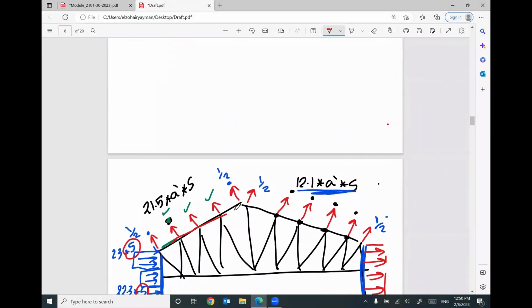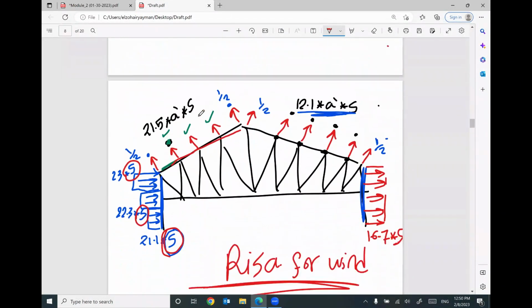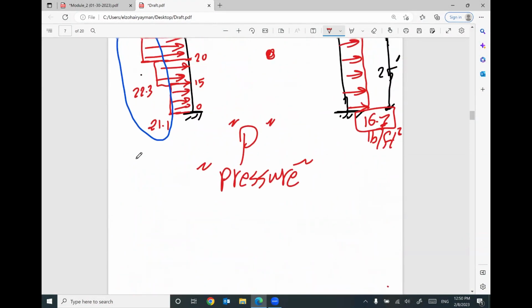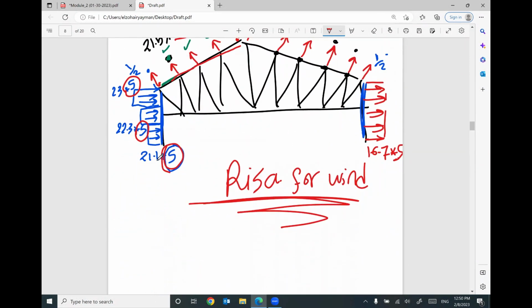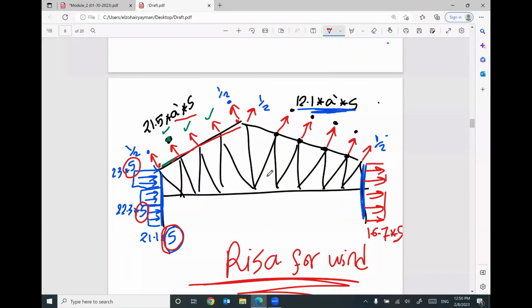For the roof, I will multiply these values by A prime and S. And keep in your mind, the first point and the last point will have half of these values. The same here. For your side, this side or this side, I will multiply these values only by S, because they are still uniform distributed load. This is the final shape of your wind load, ready to be solved by RISA analysis. Do you have any questions?